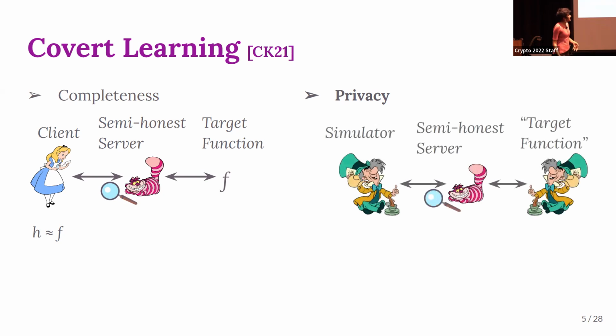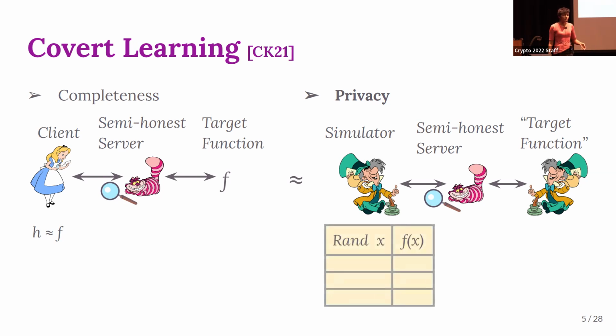To have privacy, there must exist a simulator which behaves as both the client and target function and interacts with this semi-honest server, generating a transcript indistinguishable from the client and target functionality's transcript with the semi-honest server. To aid the simulator in this task, it is given a set of random examples.